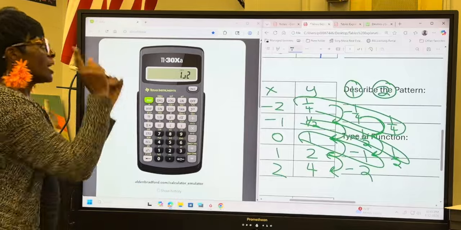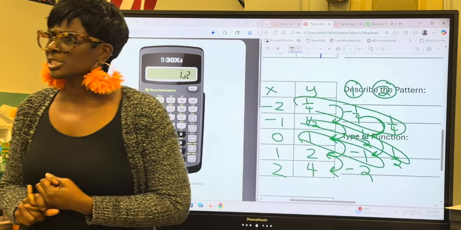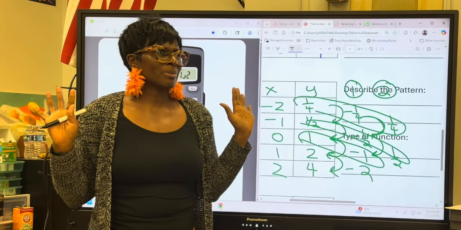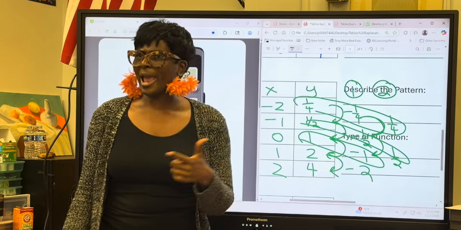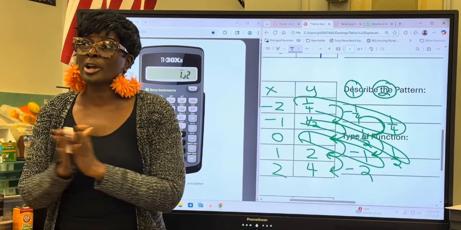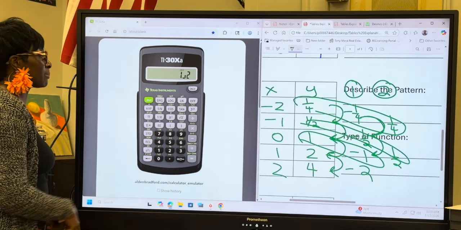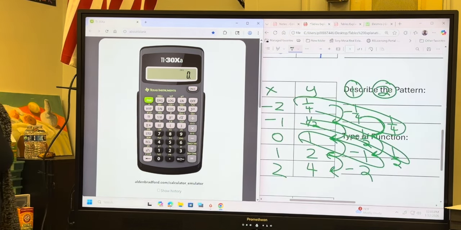Let's keep going. First difference, constant or no? No. Second difference, constant or no? No. What's our next step then? If we don't have a constant first difference or second difference, we need to look for a common ratio. And common ratio involves multiplication and division. So what am I going to do now? First, let's clear out this calculator.